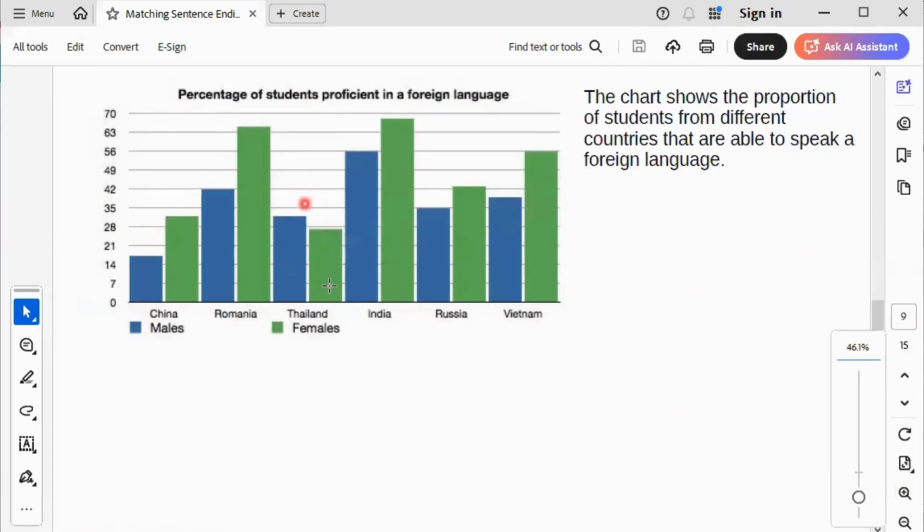I'll give you 3 minutes. Just type your answer inside the Zoom chat, and then I'm going to look at it and make corrections. Okay? I'm waiting.